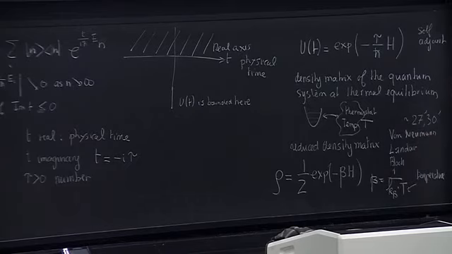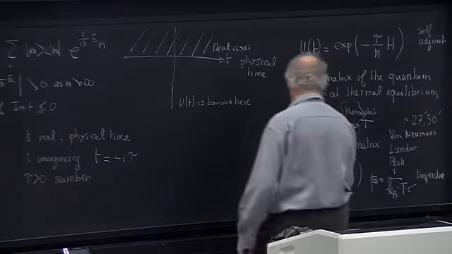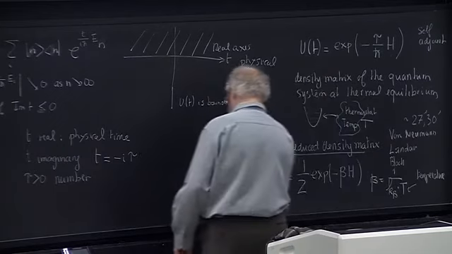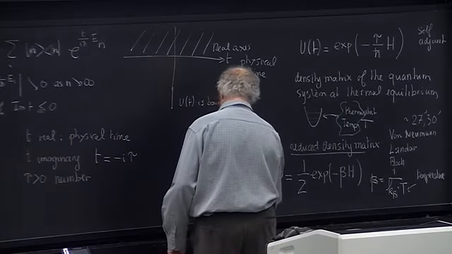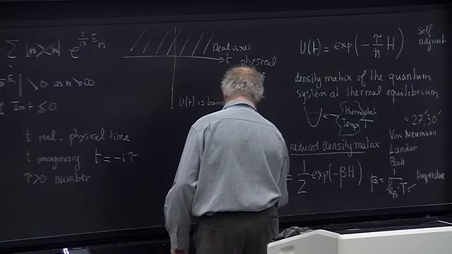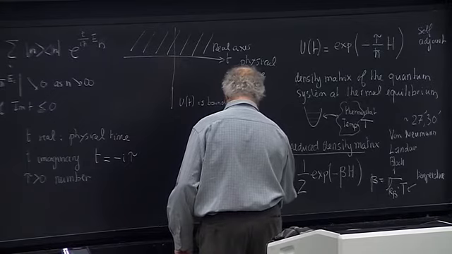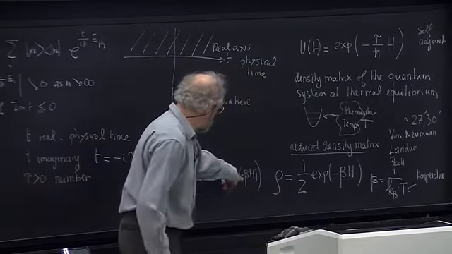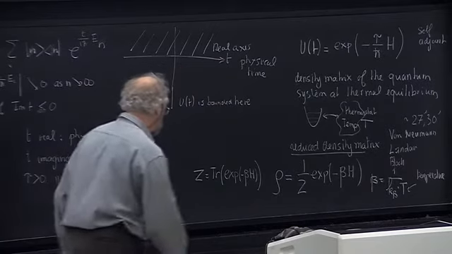And Z is the partition function, which is just the trace of exponential of minus beta times the Hamiltonian. So this is an operator, so we have to take the trace. This is the partition function.